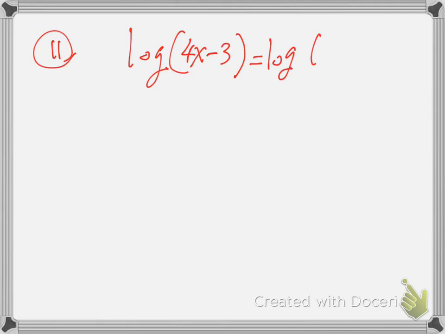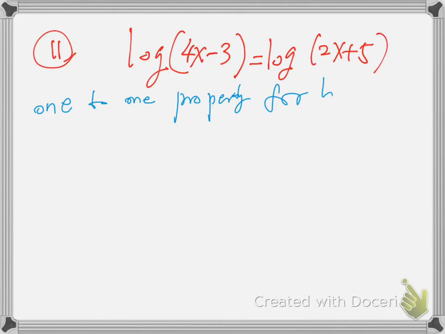Question 11. Log of 4x minus 3 is log of 2x plus 5. So you are given log on both sides of the equation. So I wrote down the one-to-one property for log.